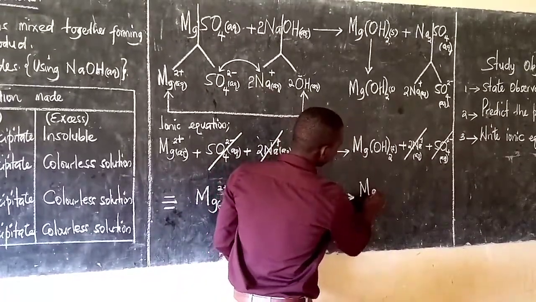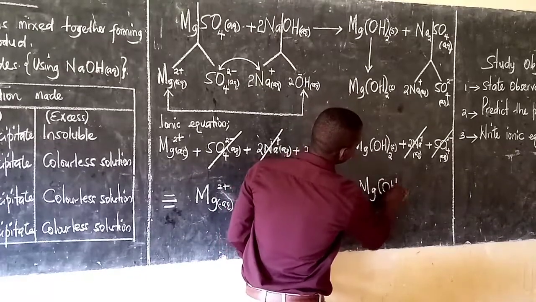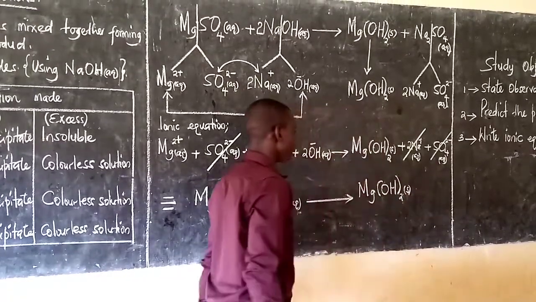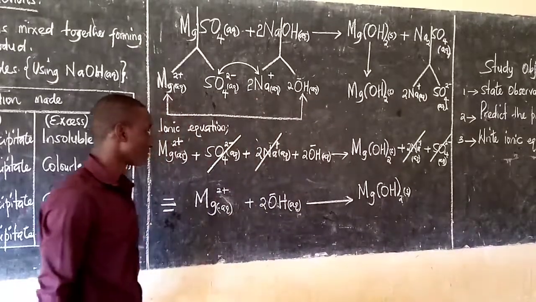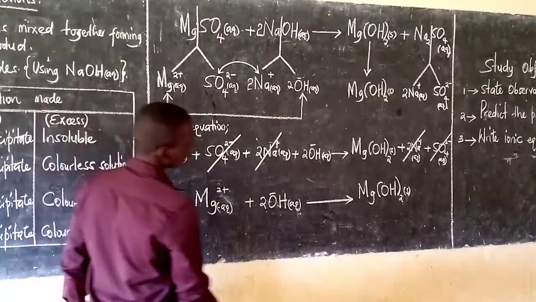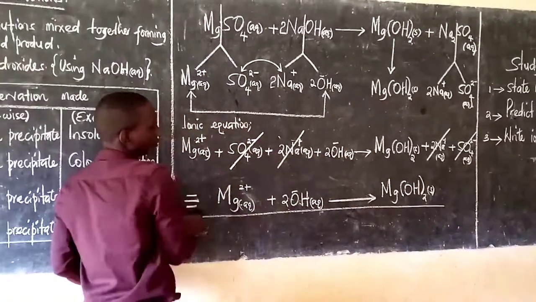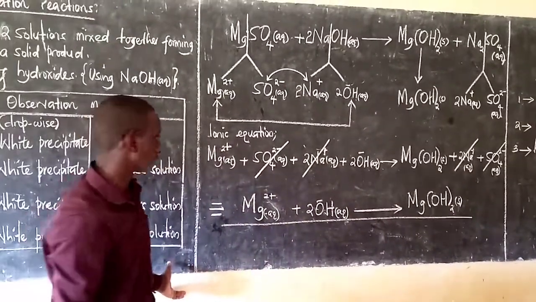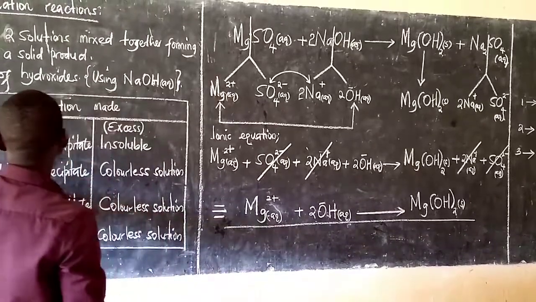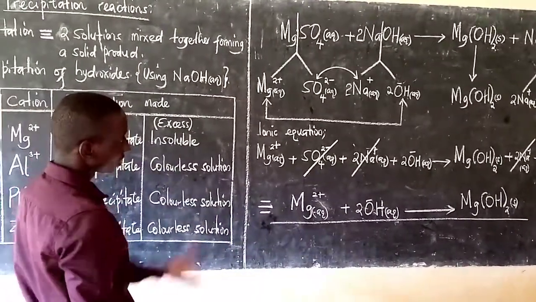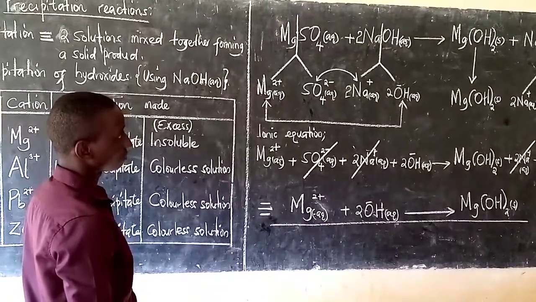What has remained on the product side is magnesium hydroxide, which is our solid precipitate, which you have observed as the white precipitate. And this is what we call ionic equation for that reaction. That is for the first salt, which is magnesium sulfate. And that is our ionic equation that takes place.